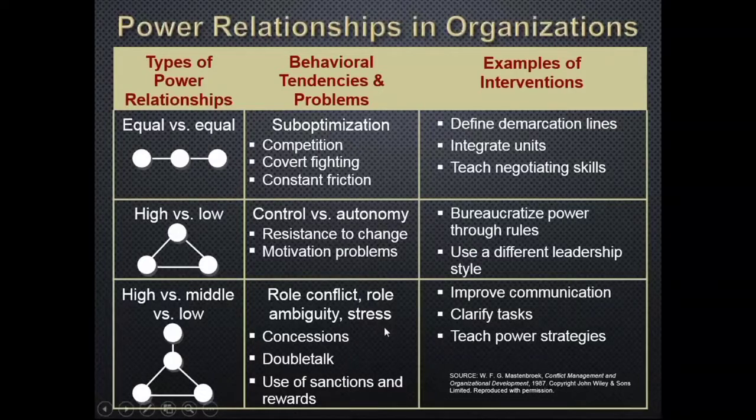Then we have the one for high versus middle versus low, where you have role conflict, role ambiguity and stress. This one usually happens when you're considering three levels: top management, senior management, maybe junior staff kind of relationship.